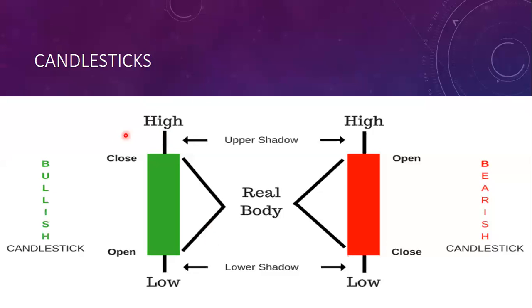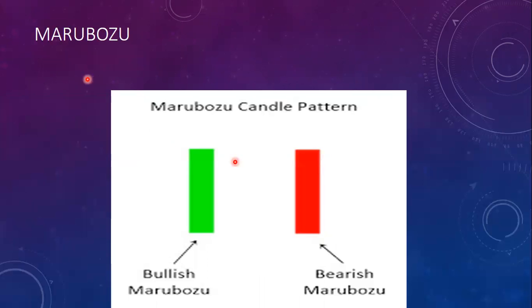We explain all this. For example, the bullish candle, the first one, the bearish candle, the second one, and then we go to the next, the Marubozu candle. We also explain the Marubozu candle.